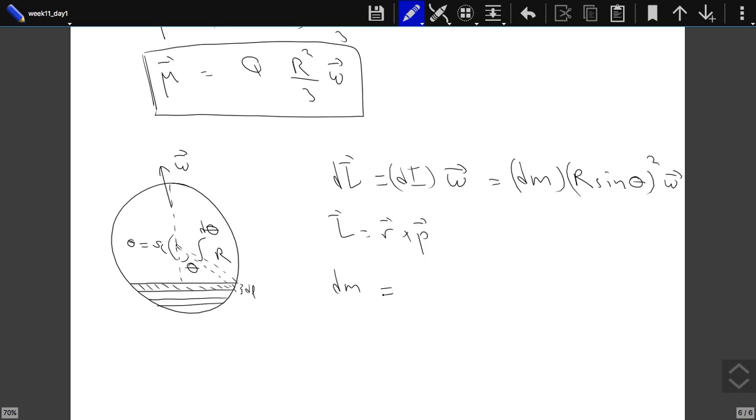Well, dm would be just 2 pi r sine theta. This is the circumference of the ring, multiplied by dl. This is the area of the ring. Let's just call the surface mass density sigma m.